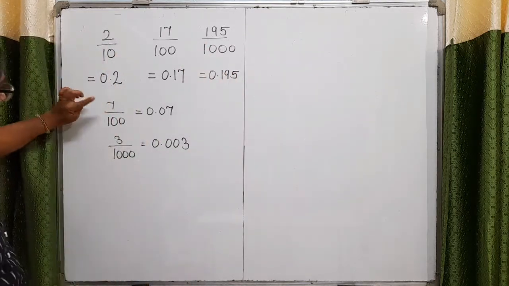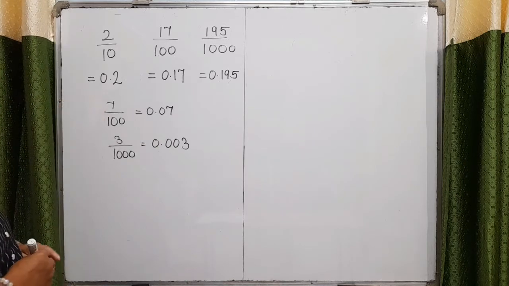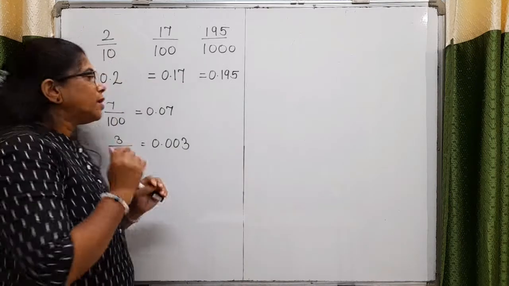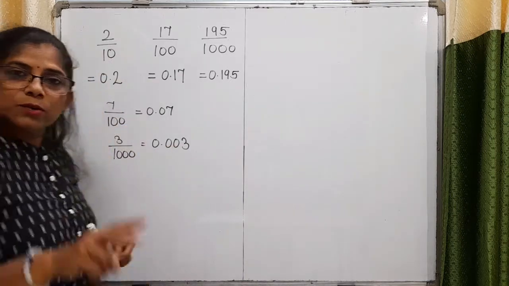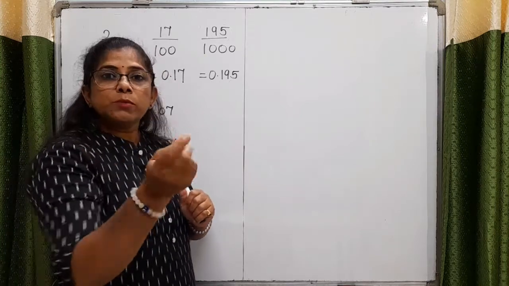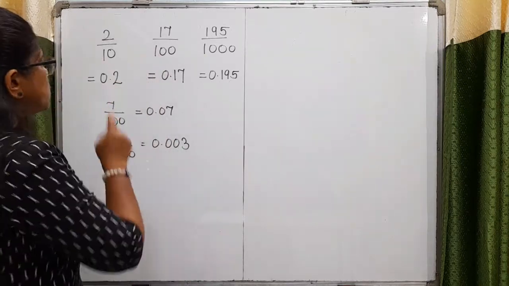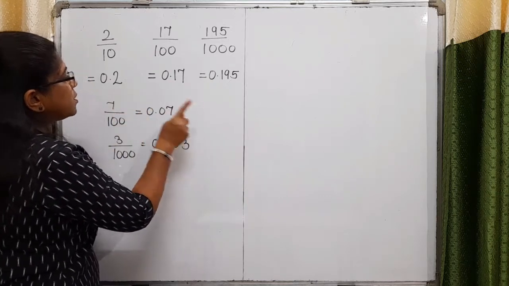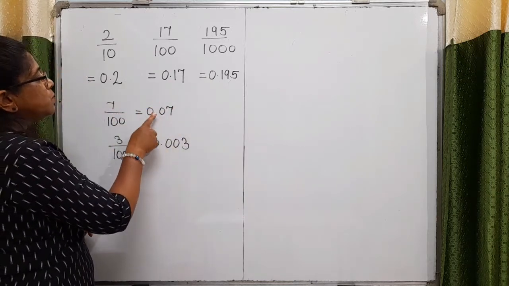Here, 7 upon 100. We have only one digit in the numerator, and in the denominator it's 100, 2 zeros. So we expect two digits after the decimal point. If we have only a single digit, we have to make it a double digit by adding 0 and then put the decimal point.